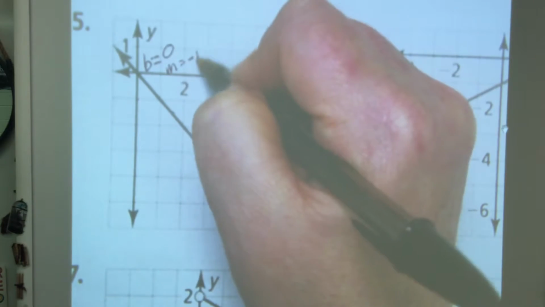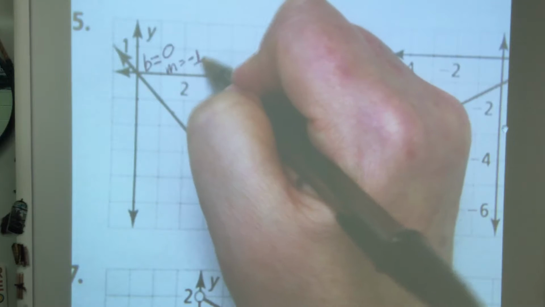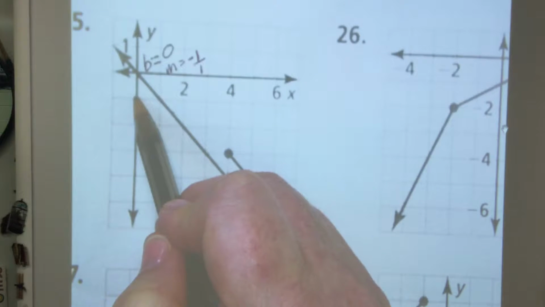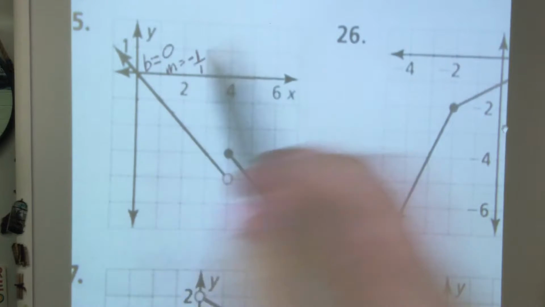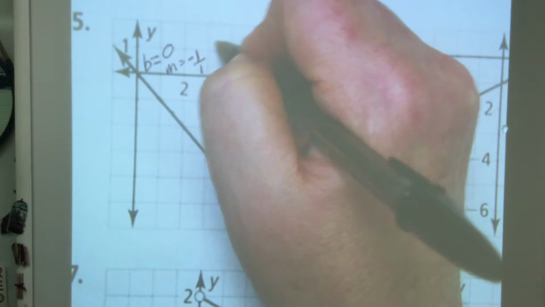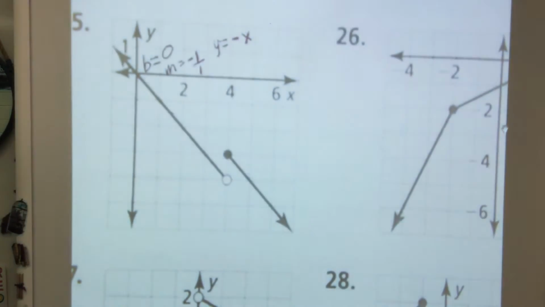So slope is -1. And I'll even put over 1 just to emphasize we're going down. So the rise is actually going down, so it's negative, and the run is positive, so it's a +1, which still equals -1. So I have y equals -x as my first equation.